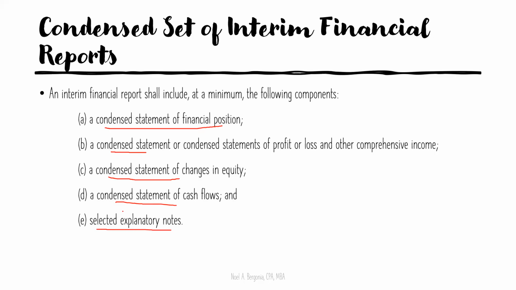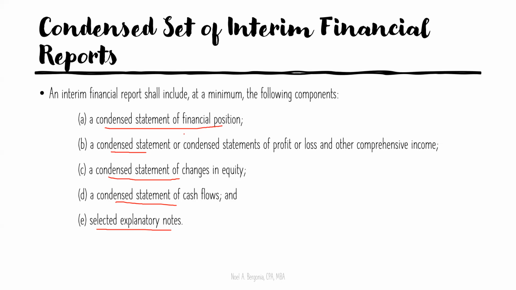Okay, sir, ang pinagkaiba lang nila, condensed to, yun complete. Okay, kasi yung period coverage nila, di ba, sa complete set it would be annual at a minimum, pero sa condensed set natin, okay, it could be less than a year, yung quarterly, monthly, or semi-annual. Okay?